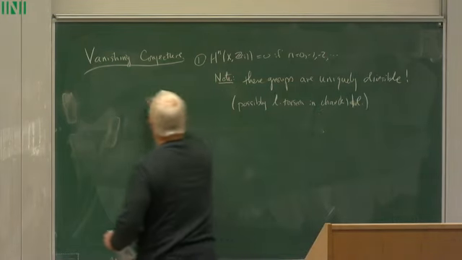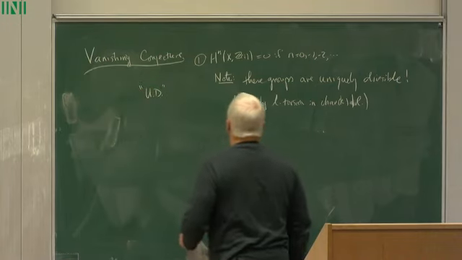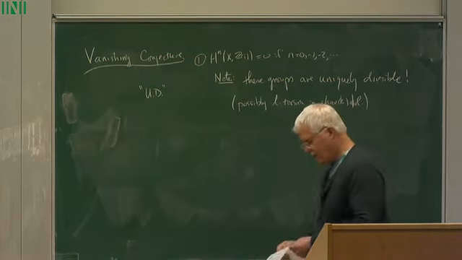So I'm going to call that UD for uniquely divisible. What's the assumption about I here, about this symbol?